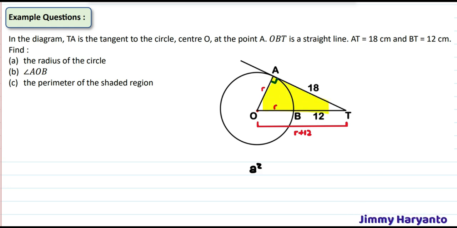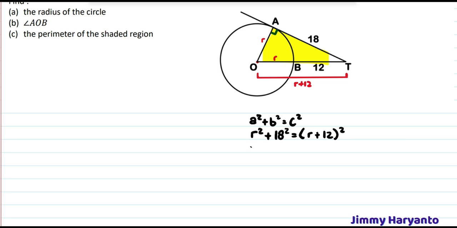Pythagoras theorem says a square plus b square equals to c square. The a is this one, r square, plus the b is that one, 18 square, and the c is this one, r plus 12, r plus 12 square.